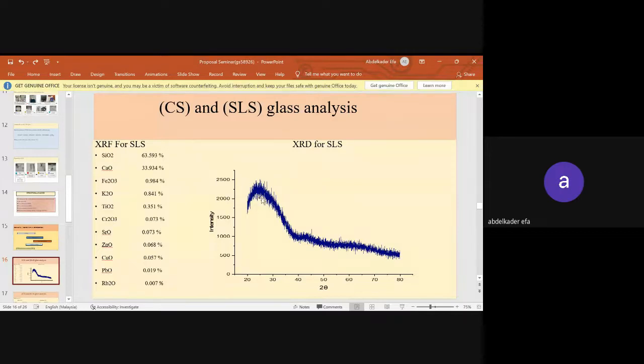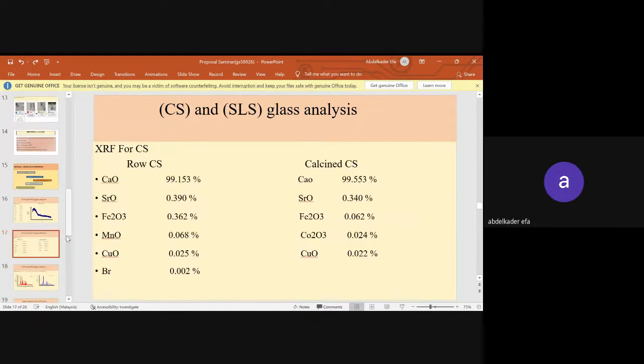The XRD pattern of SLS glass shows the broad hump characteristic, with the highest 2 theta peak of the broad hump at around 25 degrees. This shows the SLS glass consists of a non-crystalline phase and exists as a glass structure.